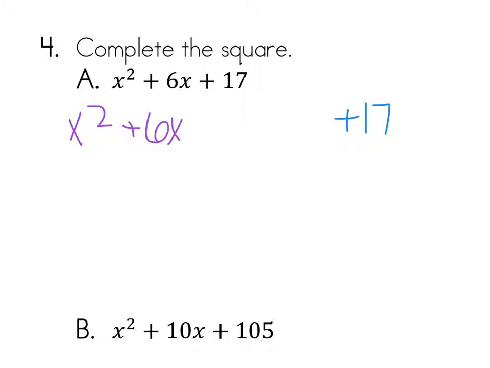And now we're going to play the same game that we played before. What number can I put here that will, in essence, complete the square? So I want this piece to look something like this. Okay, so I'm going to write that underneath. Of course, to get the x squared, this would be x and x.